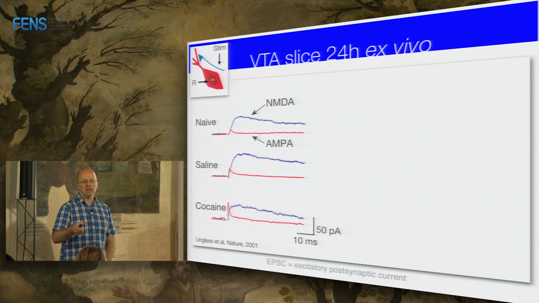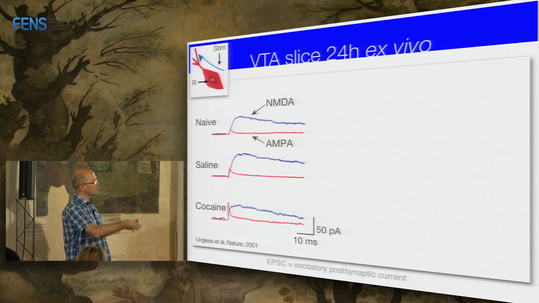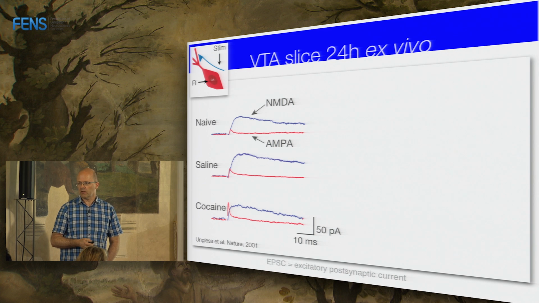One single injection of cocaine, you let the animal live for 24 hours, it is then killed, and slices of the ventral tegmental area are produced. And in these slices, you then record synaptic transmission, the glutamatergic afferents onto these dopamine neurons.